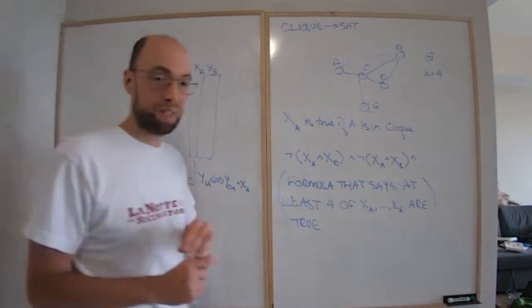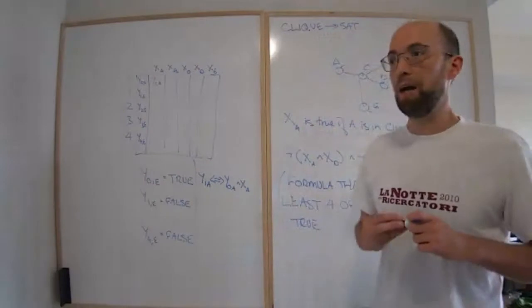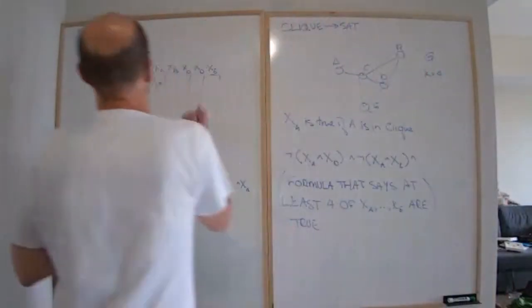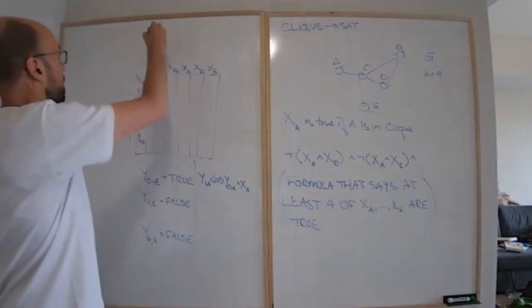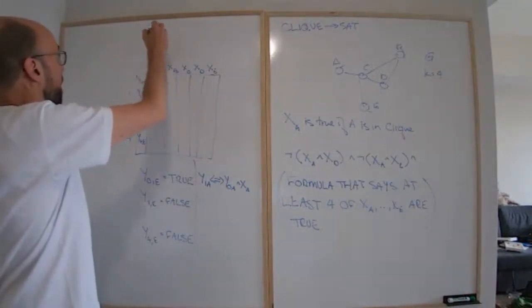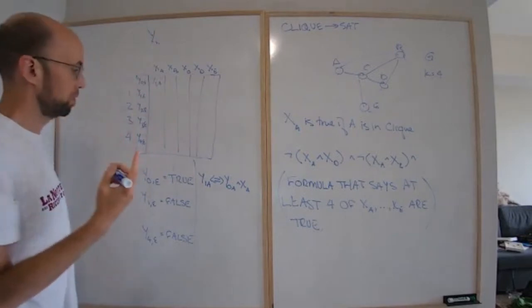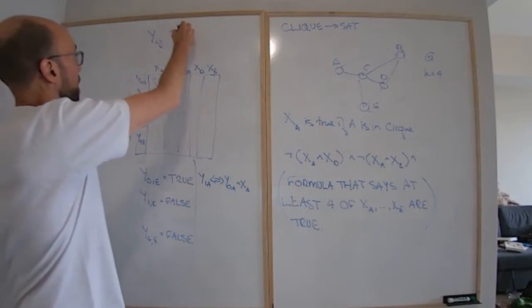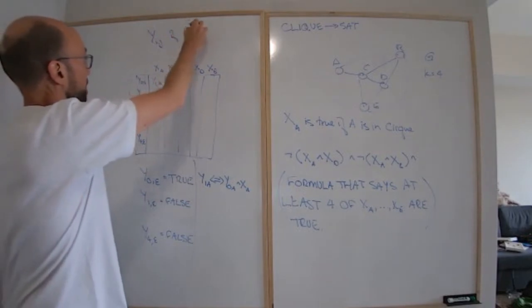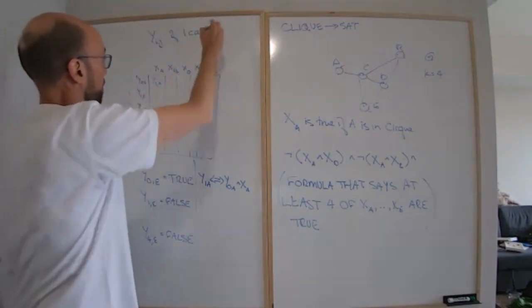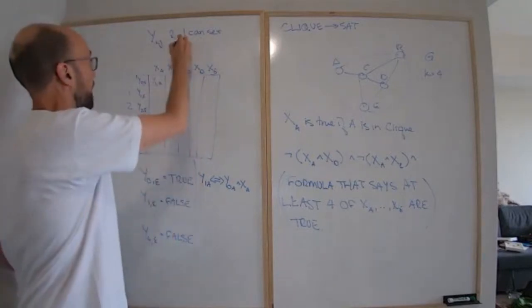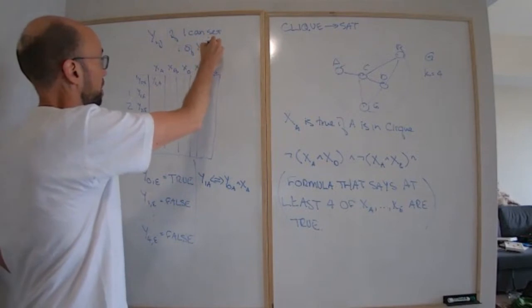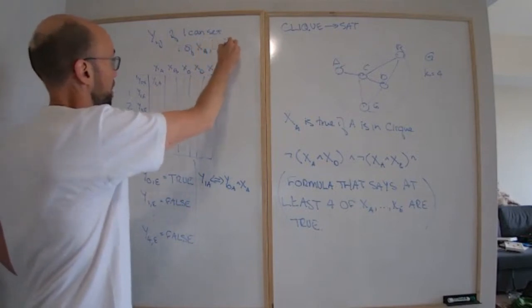So y is going to be a variable, so I'm going to have y ij if I can set xa through xj true.